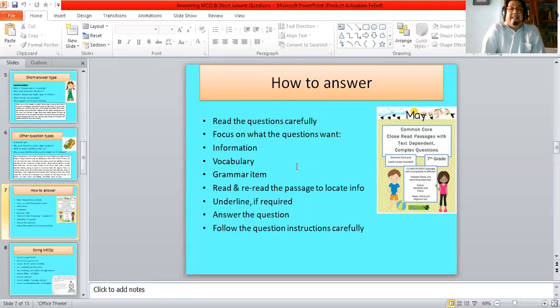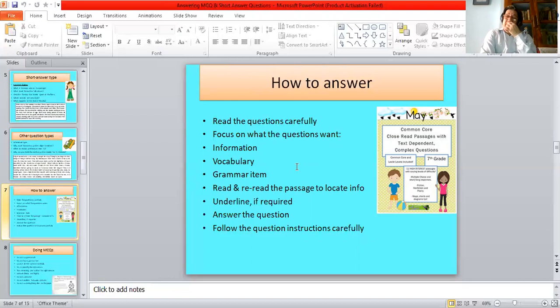And then after that, please scan the passage very carefully to get the specific information related to certain items which might be questioned. There might be bits of vocabulary, grammar, or other things which you are asked questions about. So read the passage very carefully to focus on these things.